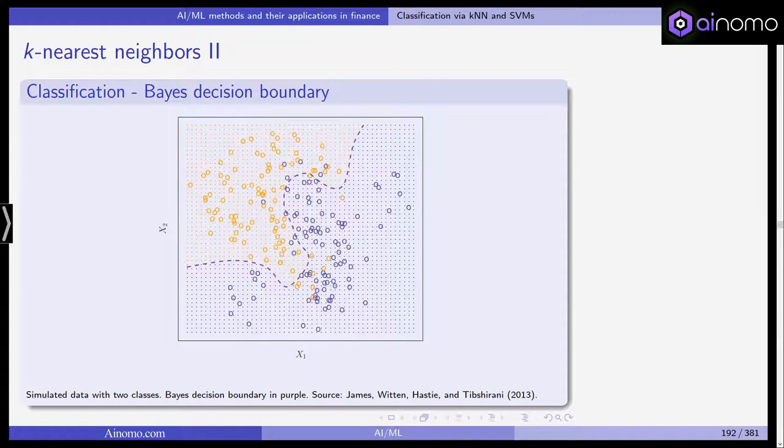You can see with 2 classes in yellow and blue, and the purple line is the Bayes decision boundary. If we have a new observation that would fall in here, we would classify it as the blue class. If it falls in here, then it's classified as the yellow class. And this could be default, non-default, contract termination, no termination, etc.